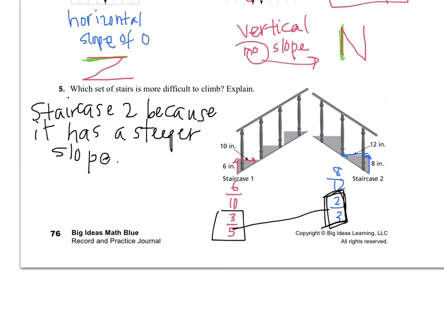And some staircases, when you run up and down the staircase, you get more tired than running up and down another staircase. And that's going to have to do with the slope. The slope is steeper. The amount of effort that you have to do to put your foot up every stair is different. And so when the slope is larger, then it's going to be more effort to go up the staircase.